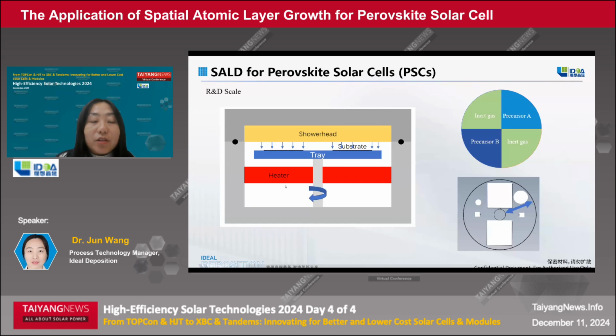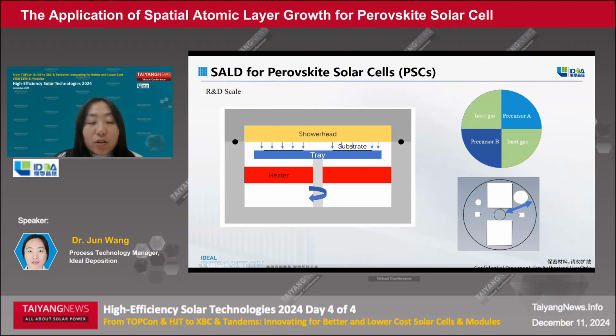The research and development machine has a circular single chamber with a shower head on top, and then a tray and a heater. The shower head is divided into four parts with multiple channels in each, flowing precursors and inert gas continuously.